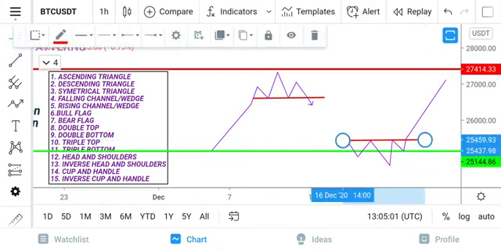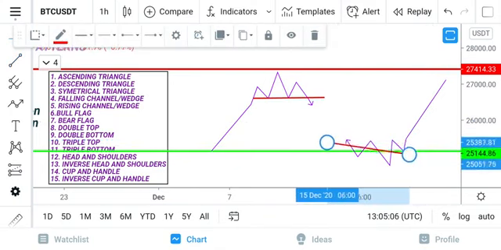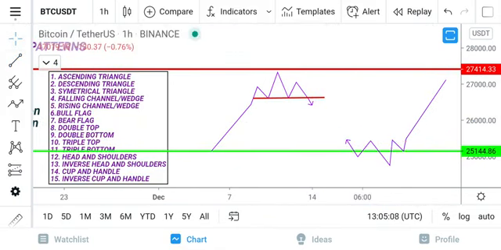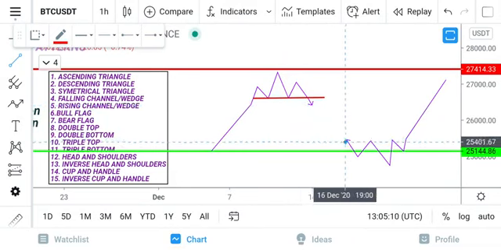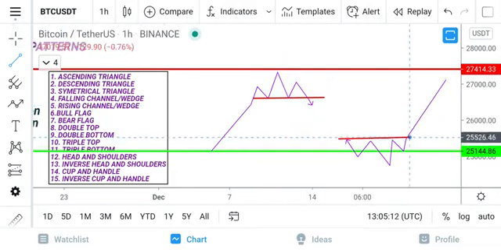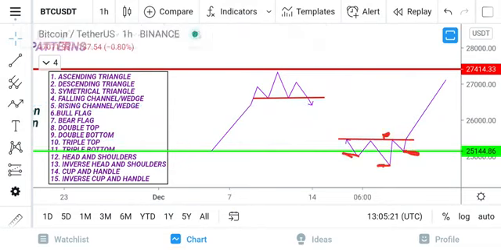So this one over here, here is the neckline, here is the right shoulder, here is the left shoulder, and here is the head.